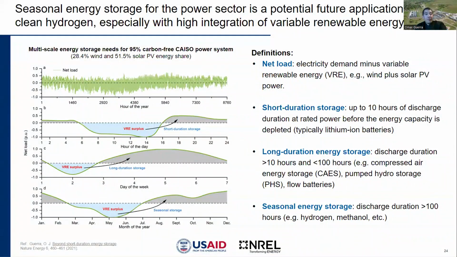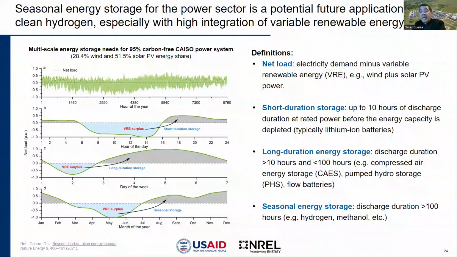And then when you move to plots B, C, and D, you can see how short duration energy storage, for example lithium-ion batteries, long duration energy storage, for example compressed air energy storage or pumped hydro, and seasonal energy storage, for example hydrogen or fuel-based electricity storage, could be used to do the multi-scale shifting of VRE surplus from intraday to interday to seasonal applications.